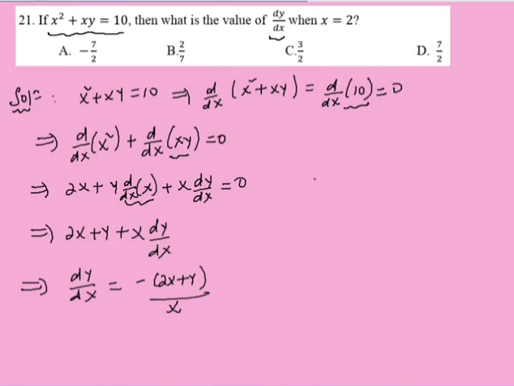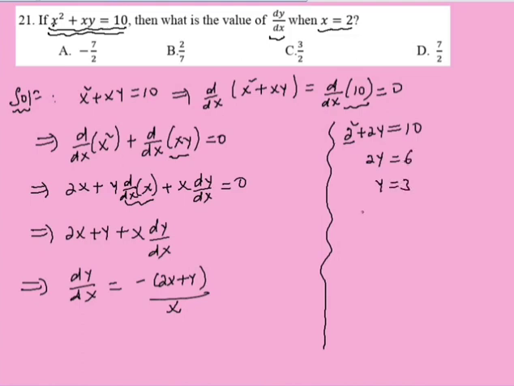Now we are asked for this expression at x equals 2. Whenever x is 2, substitute here. Whenever x is 2, y will have some value: 2 squared plus 2y is equal to 10. This is 4. Therefore 2y is equal to 6. Y becomes 3.